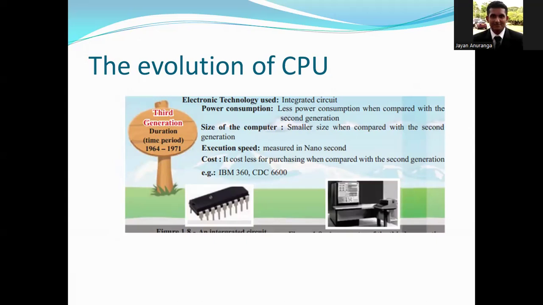The size of the computer is smaller when compared with the second generation. Execution speed is measured in nanoseconds. It cost less for purchasing when compared with the second generation. Example computers: IBM 360, CDC 6600.